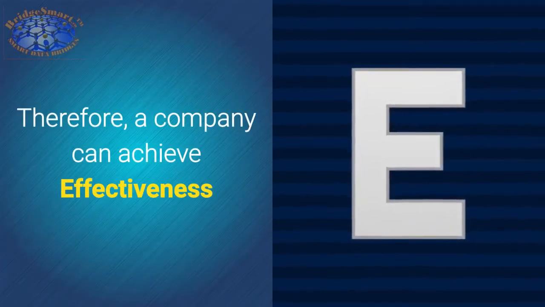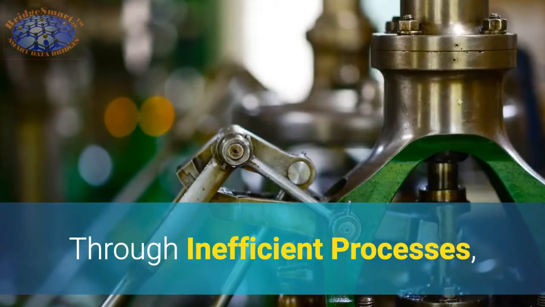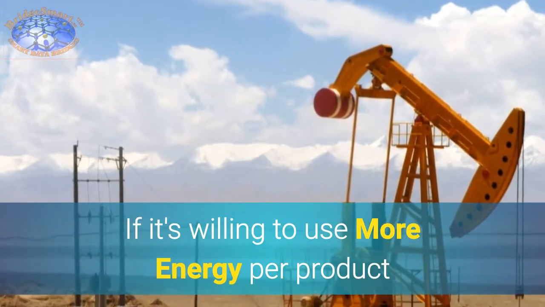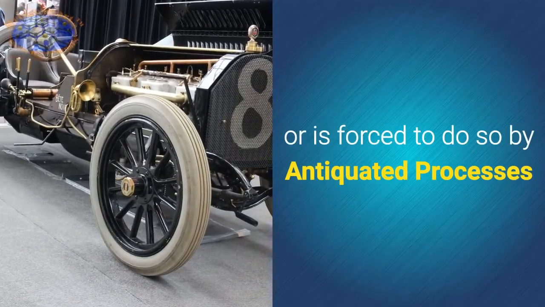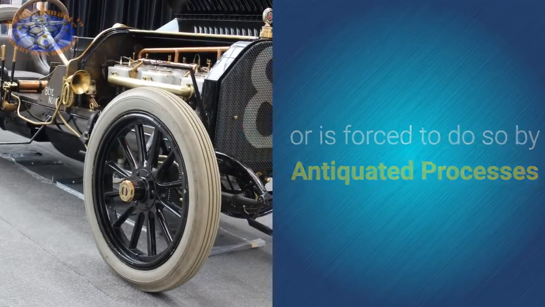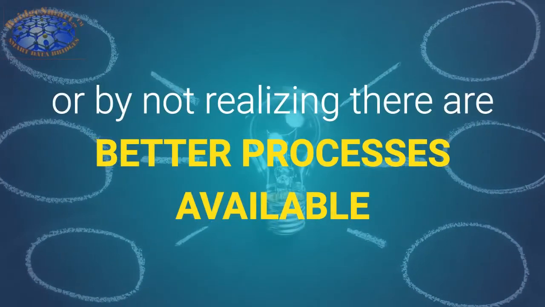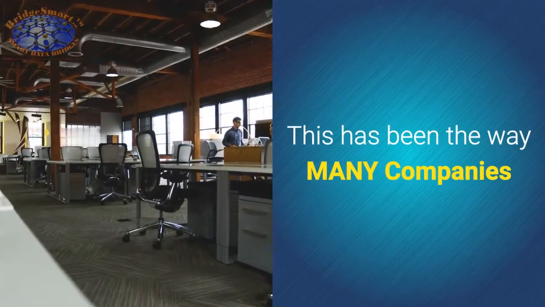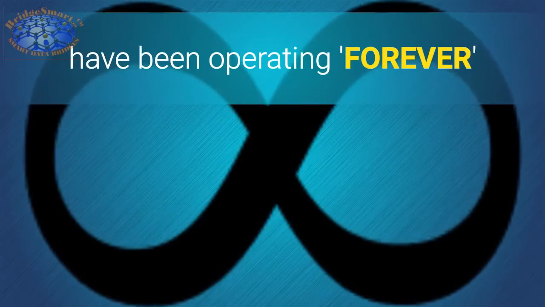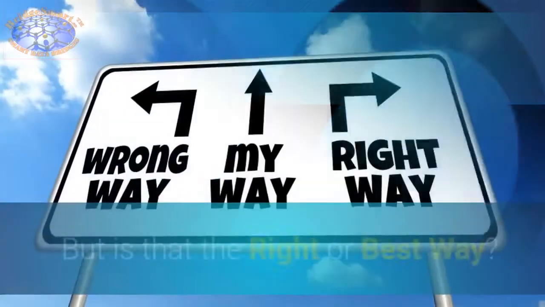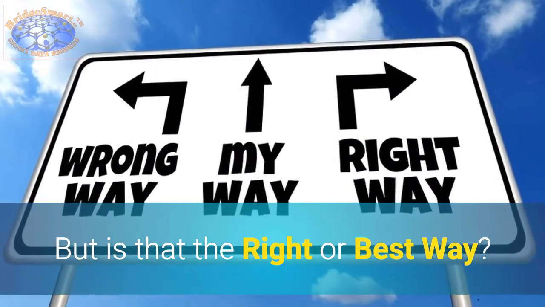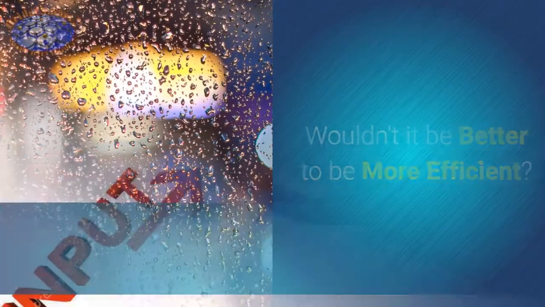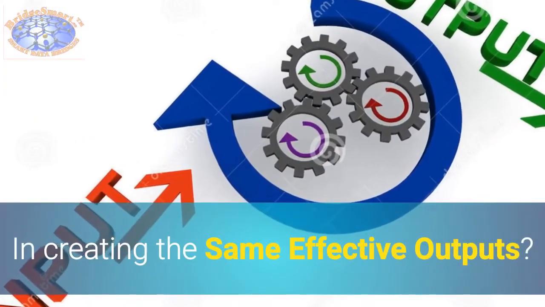Therefore, a company can achieve effectiveness through inefficient processes if it's willing to use more energy per product or is forced to do so by antiquated processes or by not realizing there are better processes available. This has been the way many companies have been operating forever. But is that the right or best way? Wouldn't it be better to be more efficient in creating the same effective outputs?